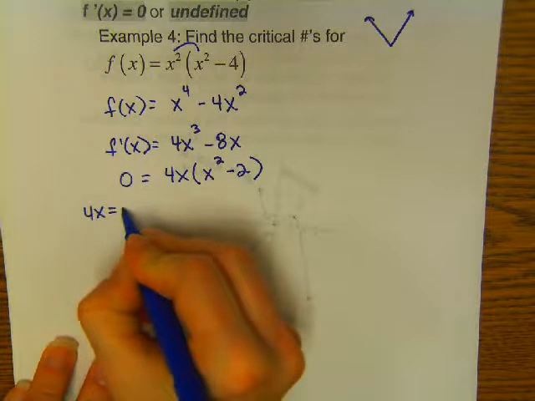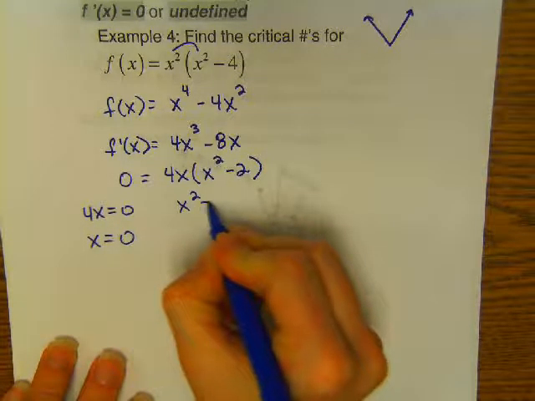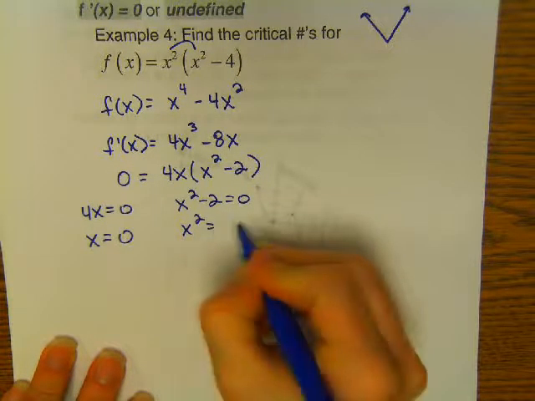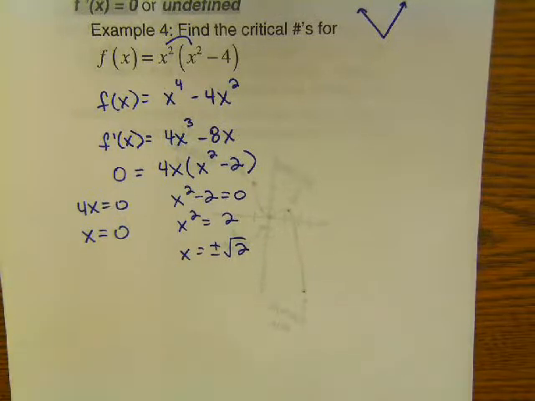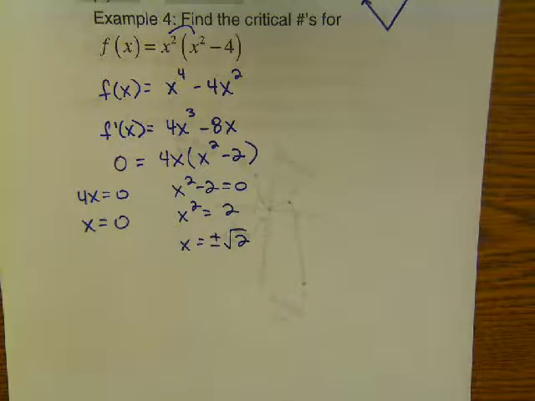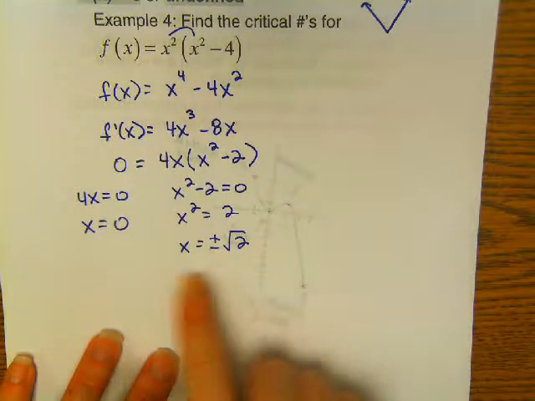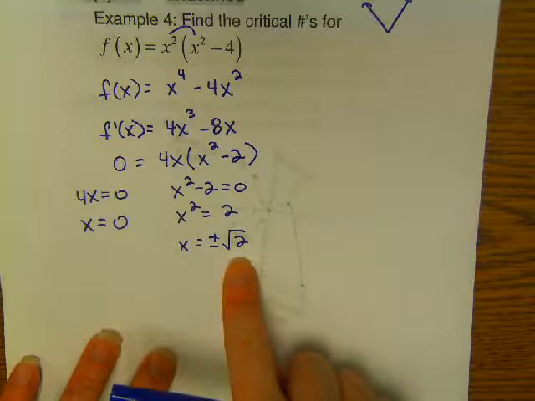And then I would set x squared minus 2 equal to 0, x squared equals 2, x equals plus or minus root 2. So the critical numbers, remember these are the x values, there's 3 of them, are 0 and plus or minus root 2. Those are possible then extrema, okay? So these are only x values.